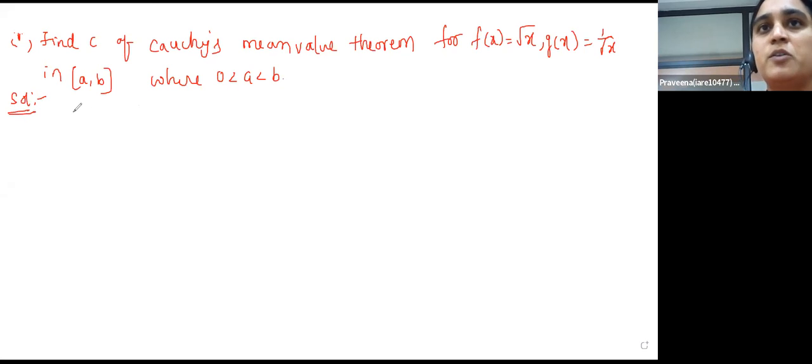From the statement only we have to verify first the given two functions are differentiable and continuous.